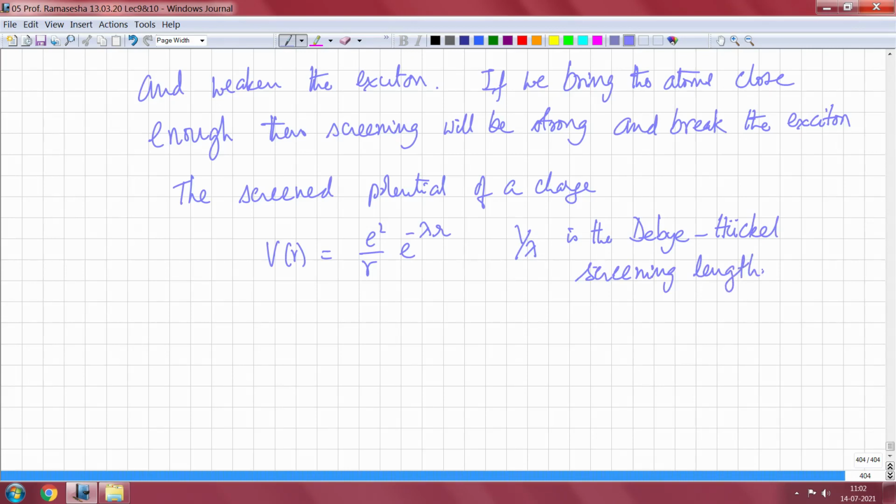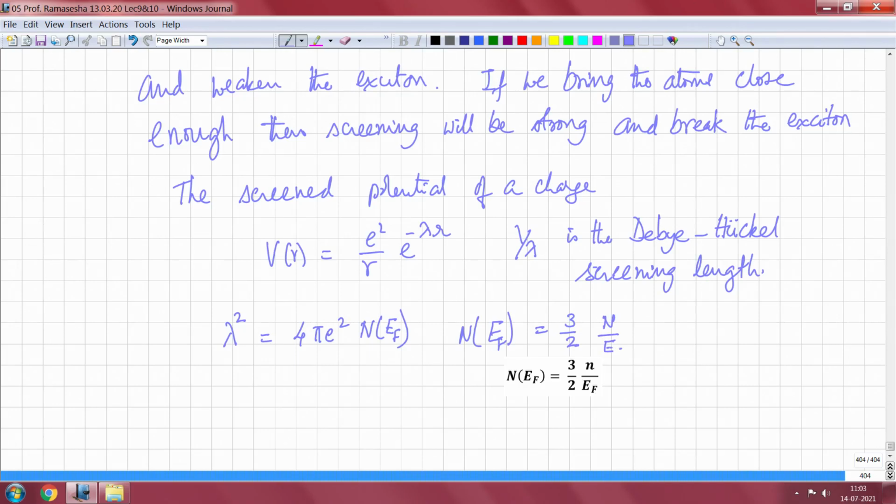And we calculated, we showed what lambda was. Lambda squared we said was equal to 4 pi e squared times n of EF, where EF is the Fermi energy, and n of EF, the density of states at the Fermi surface, is 3 by 2 times n by EF.